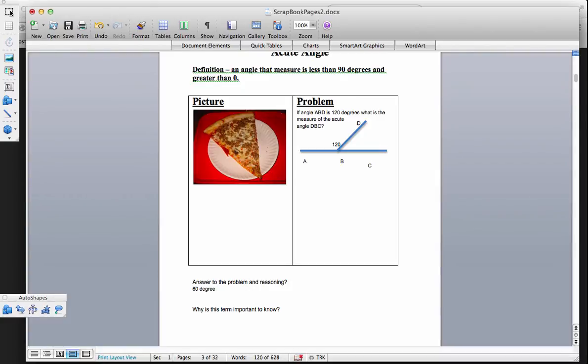And the reasoning is because angle ABD and angle DBC are a linear pair, therefore they must add up to 180 degrees.